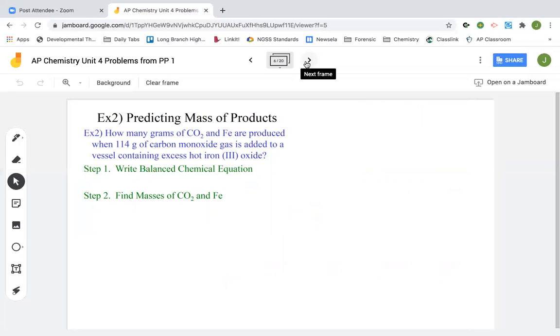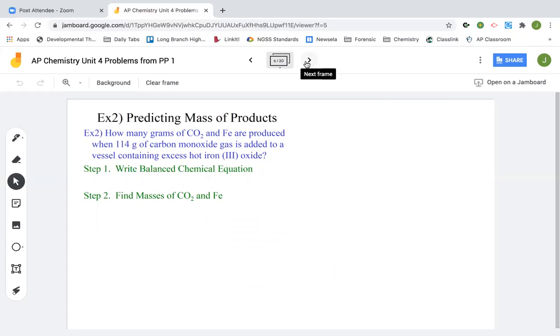It's just that we're going to have 2 equations now. So remember, first, we have to write a balanced chemical equation. So the question reads, how many grams of carbon dioxide and iron are produced when 114 grams of carbon monoxide gas is added to a vessel containing excess hot iron 3 oxide?